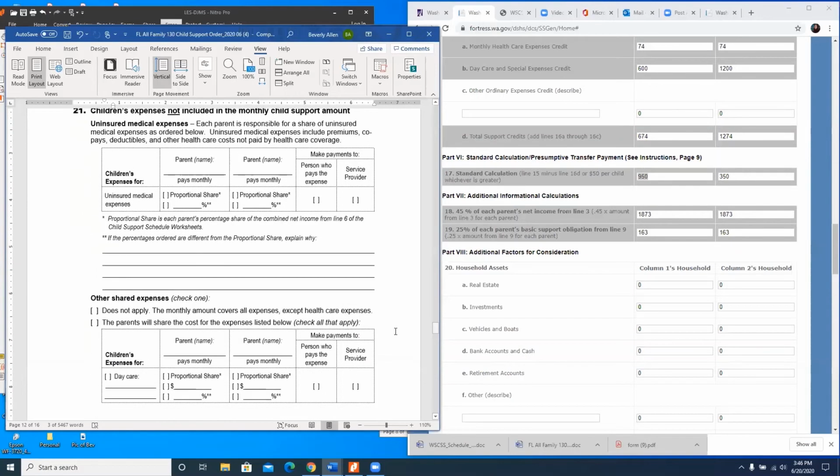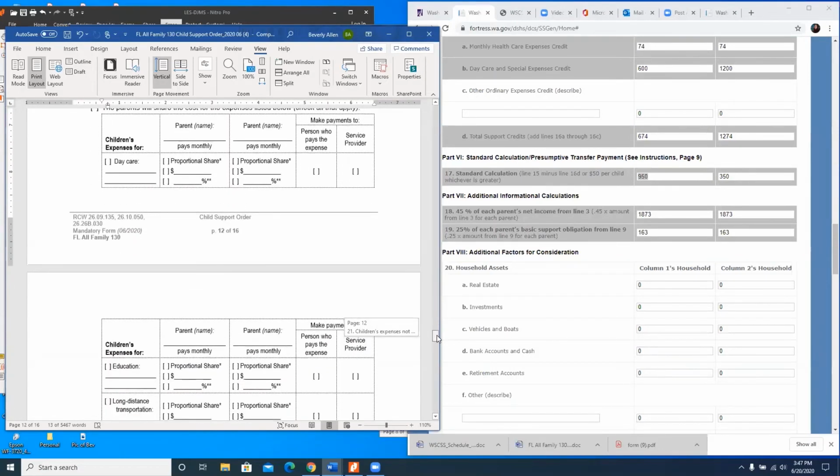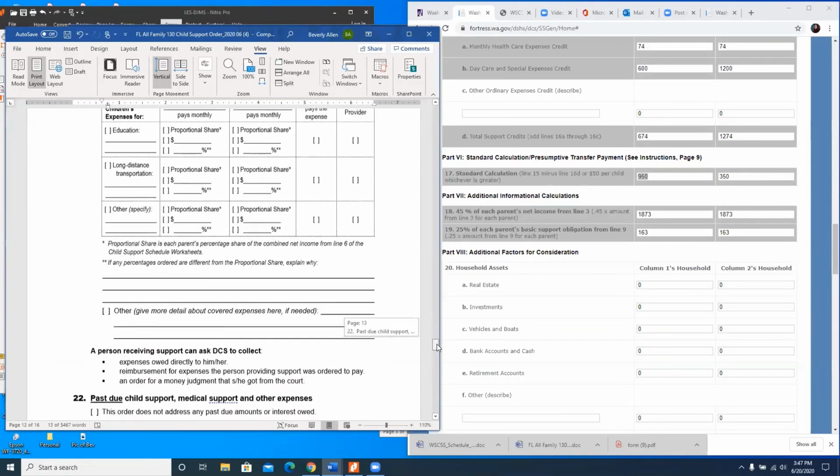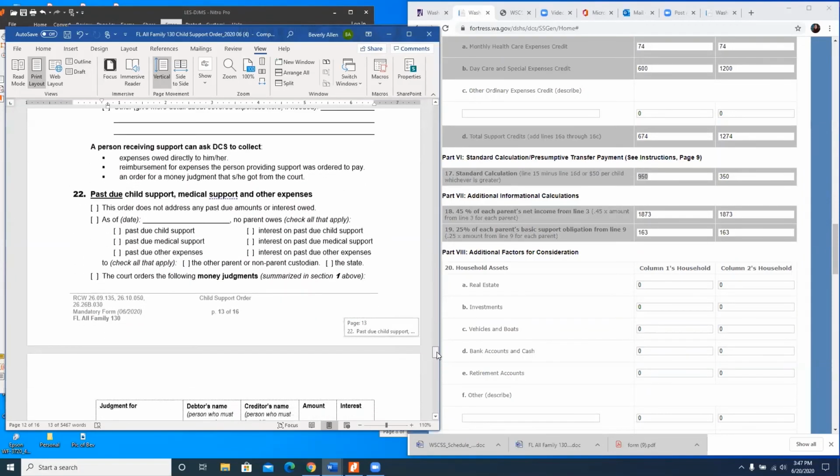The court is required to say how uninsured medical expenses are provided. You'll notice here that if you're going to do something differently than what's on line 6, the proportional share, you have to explain why. You also have the option to talk about daycare, education expenses. That doesn't apply to every family.